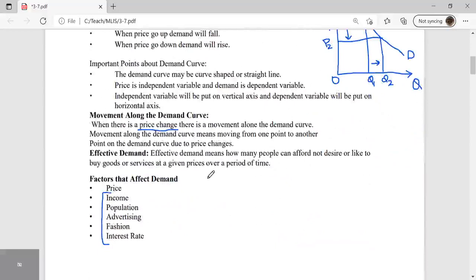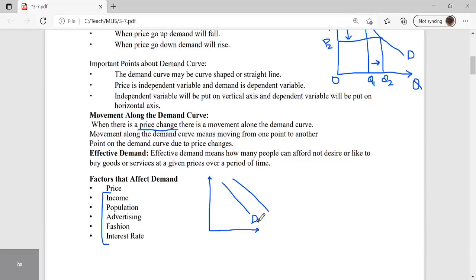So let's draw a shift over here. In this case, what's happening?